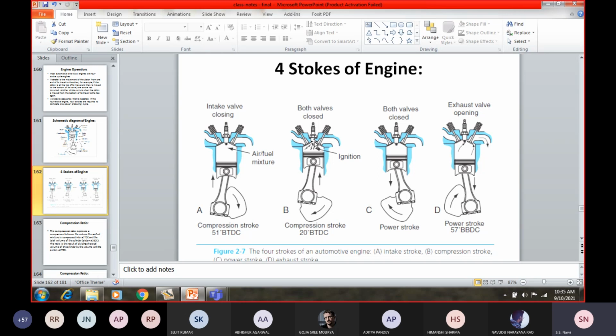Now what will happen? The gaseous products will form. These gaseous products will compel the piston to go down. This is known as the power stroke. So the power stroke is created, and the piston will go down to the maximum level here, isn't it?